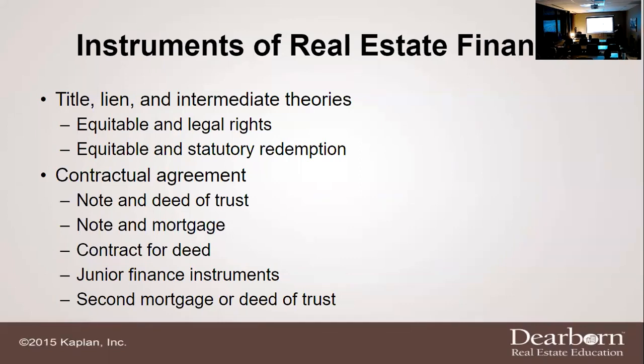And what happens here is when you go under contract, say Travis, I sell you my property, we're going under contract, you technically got equitable and legal rights immediately. They just call it equitable. But here's the thing, I have statutory rights, because the law says that if you don't do something within a certain amount of days, then I statutorily get to redeem my property.